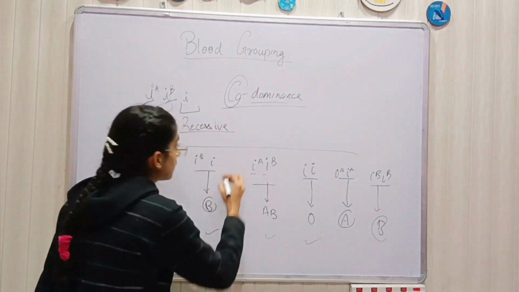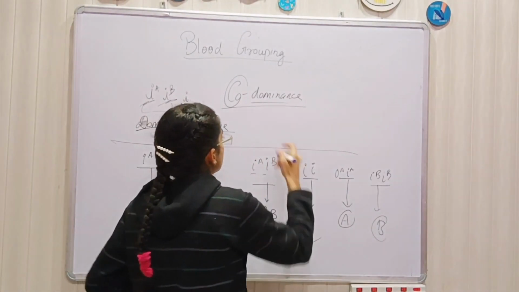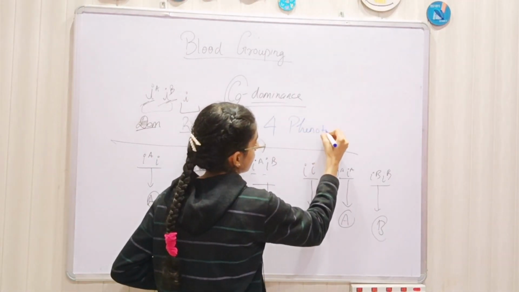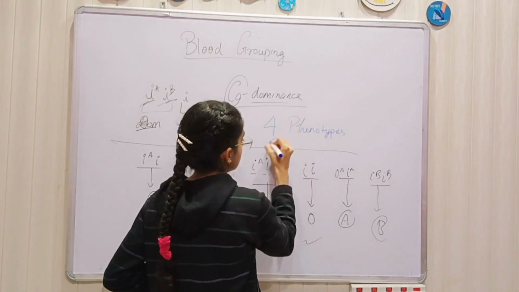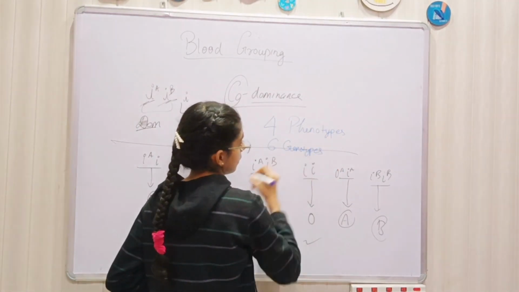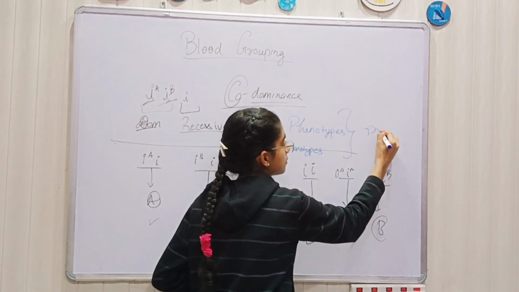So I have specifically 4 phenotypes where 6 genotypes are present. What does this line mean? This is an important point with respect to PYQs also.